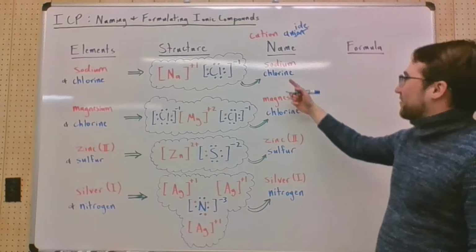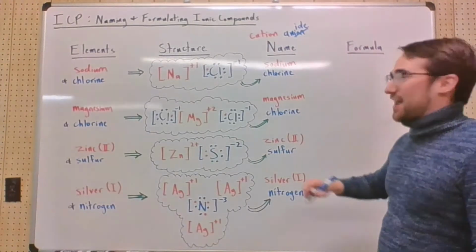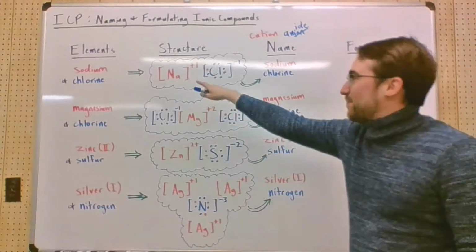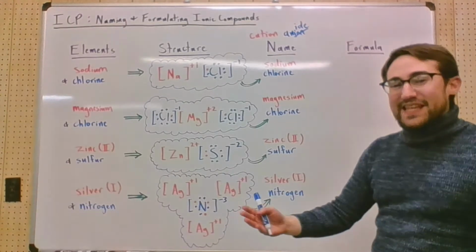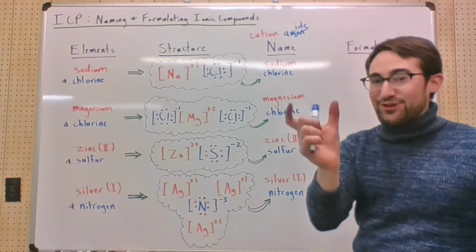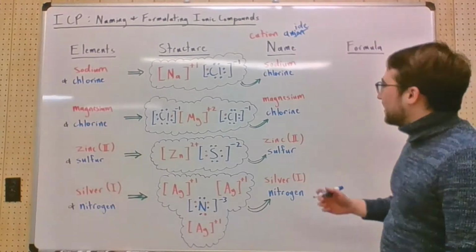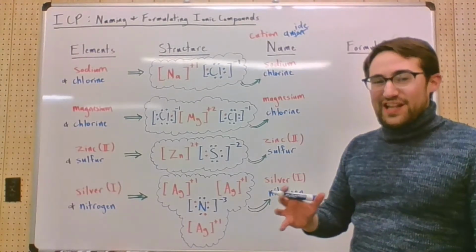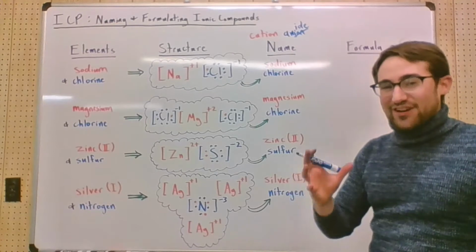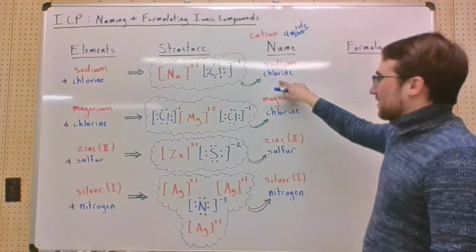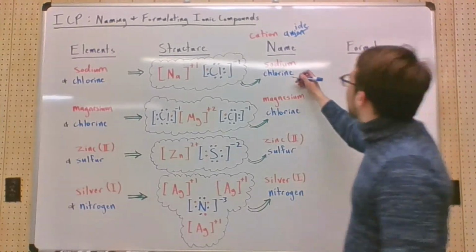So for something like sodium and chlorine together, sodium is my cation, it's my positive thing, so that stays the same. The first part of the name is still going to be the word sodium. But the second part, I'm going to chop the end off, usually after the first hard consonant, the first noise. So chlor, and that's where I'm going to cut it off.